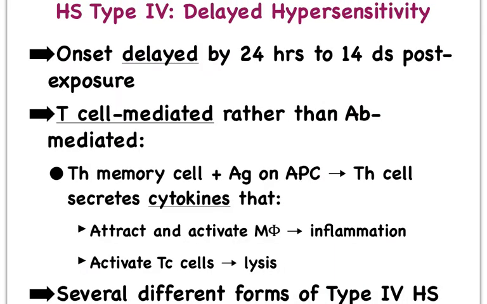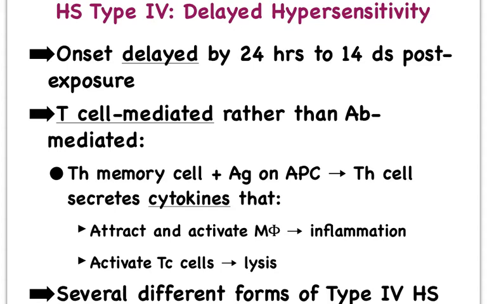So in type 4 hypersensitivity, also called delayed hypersensitivity, it can take days before a person sees a reaction. I mean, it can be within a day, but it can take a long time before there's actually a response. And again, we do not have any antibodies involved.